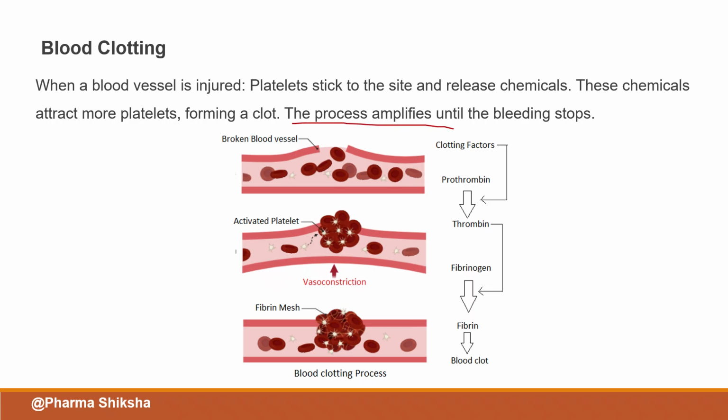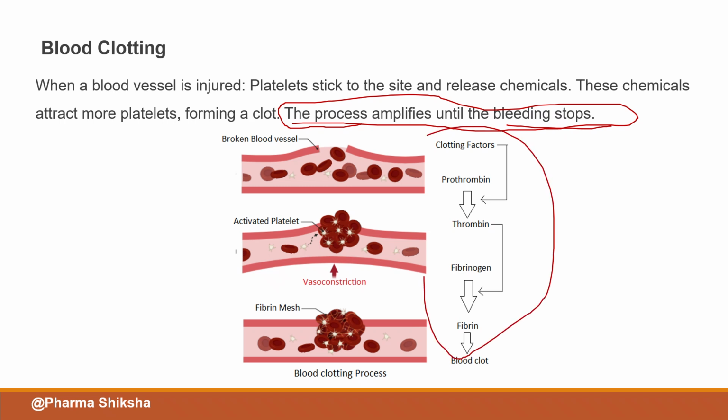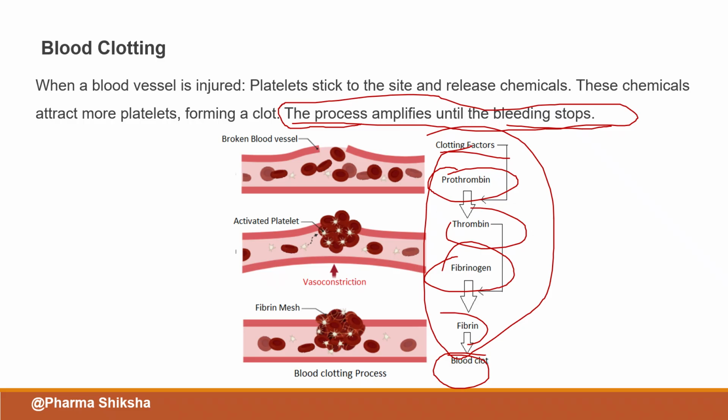And the process amplifies the coagulation until the bleeding stops. Here we can see the formation of the blood clot. Clotting factors activate the conversion of prothrombin to thrombin, and fibrinogen forms fibrin, and there will be a blood clot with the help of platelets. And here we can see the steps of blood coagulation.